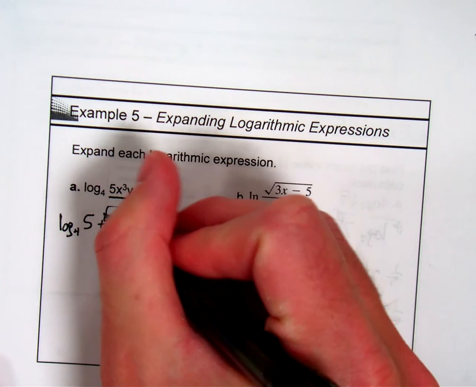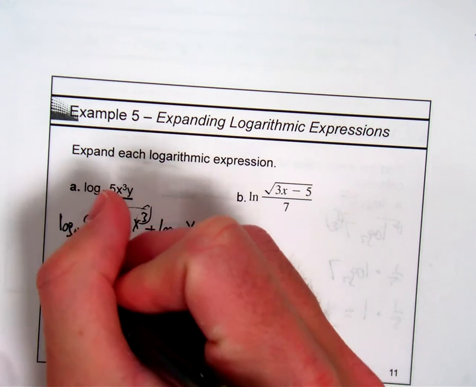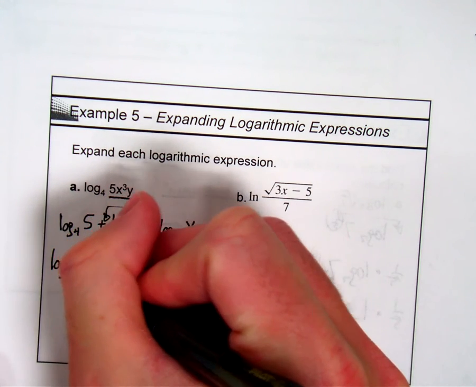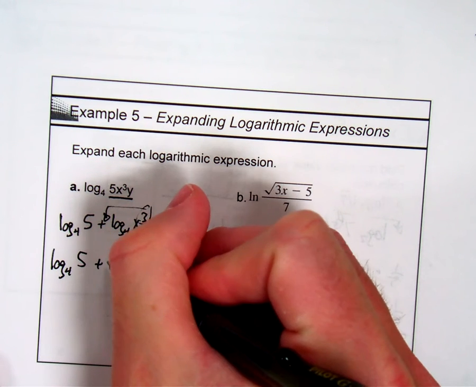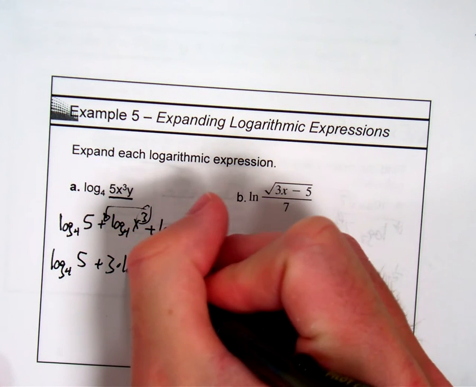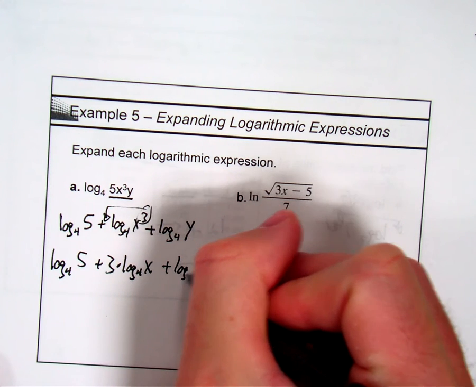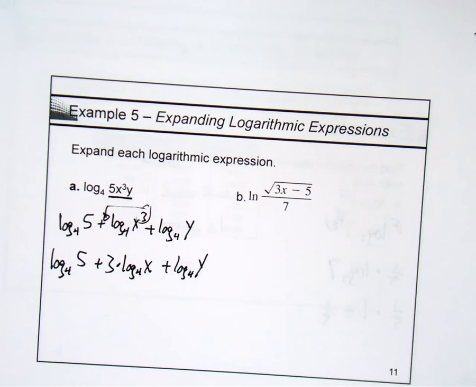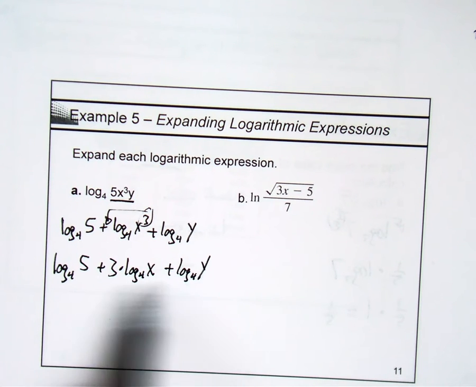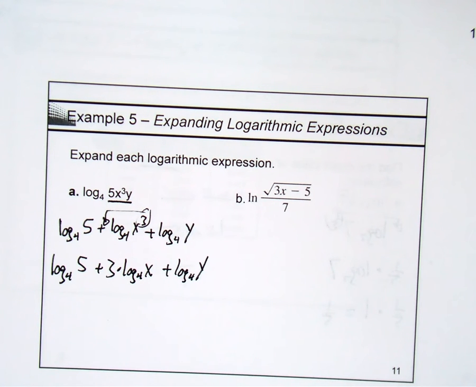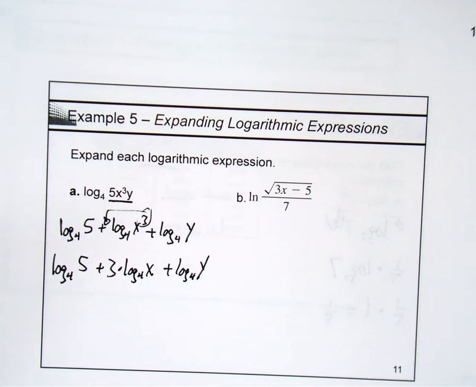We can bring this little 3 down in front of just this one. 3 times log base 4 of x plus log base 4 of y. A lot less scary when they're all split apart. Okay? Well, what about our next one?